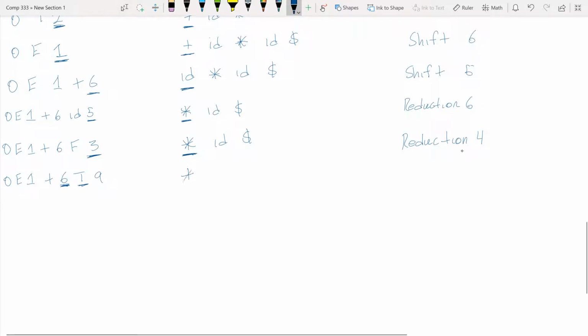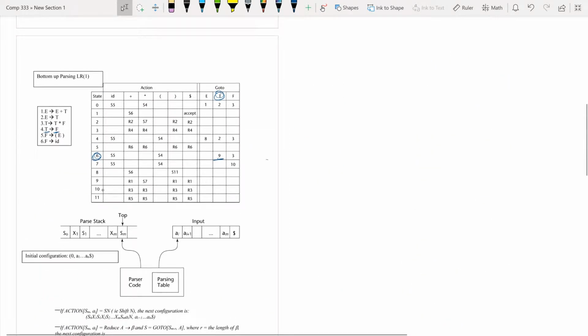Star, ID, money sign. Not erase, sorry. Like that, like that. And now we're going to look at 9 and star. So we go up to the big table, and we look at 9, and we look at star, and we get a shift 7.